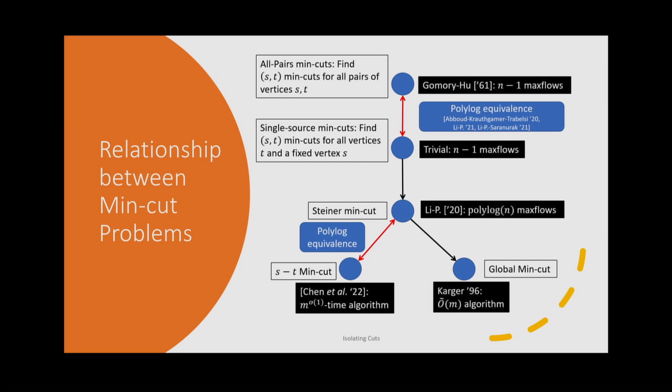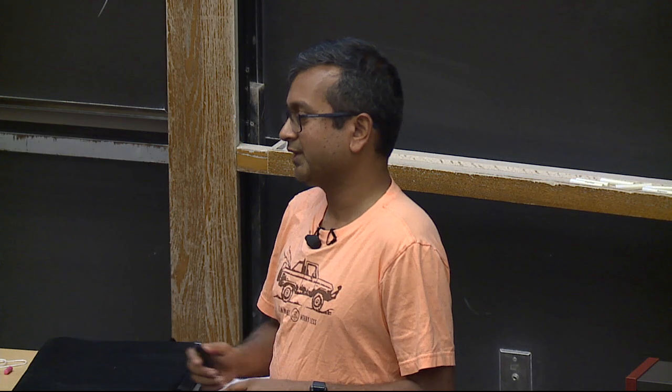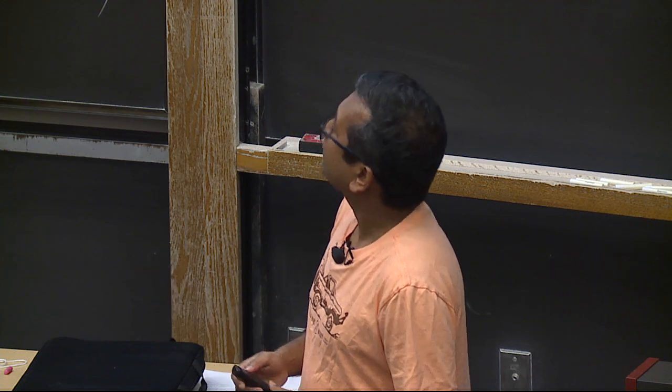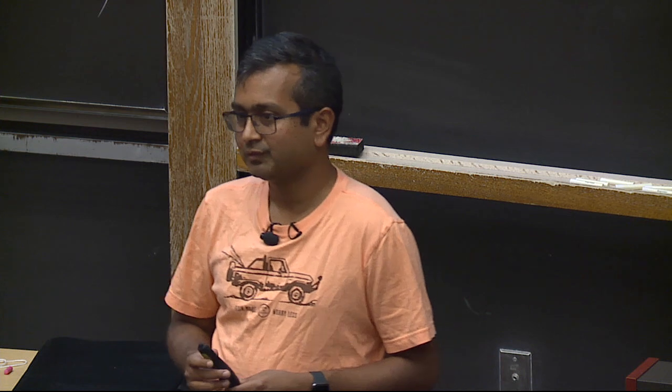So this is our picture. Let's freeze the bottom of the picture. We know good algorithms there. We are pretty much done. Let's see what we can do at the top. And to start looking at these problems, let's first make life easier for us, and ask, can we even get 1 plus epsilon approximations?